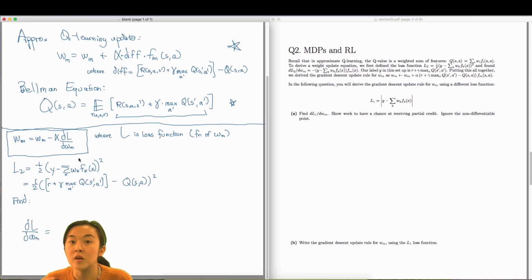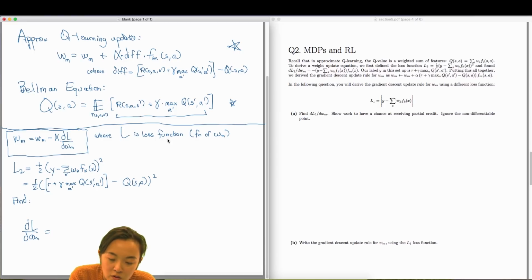This loss function will be a function of each of these weights. And when you have a loss function defined, then the update for each of the weights becomes straightforward. The update becomes the old value minus alpha, some constant learning rate, times the gradient of the loss function with respect to the weight.